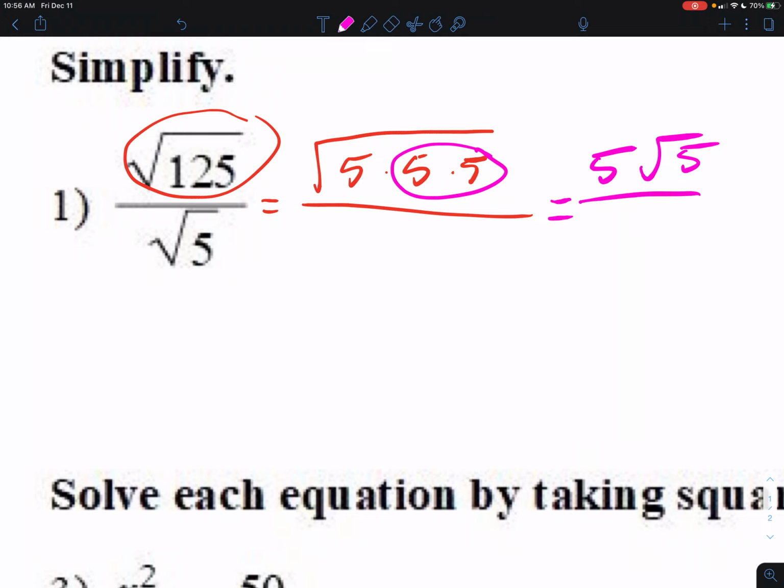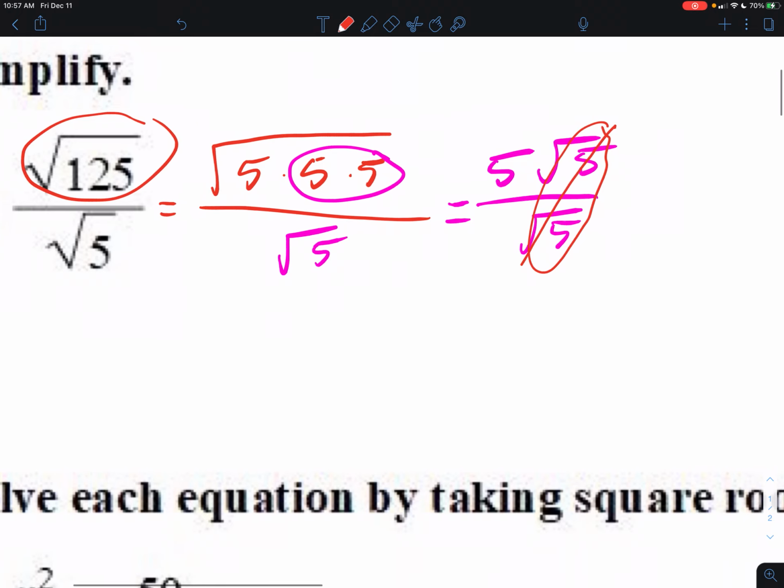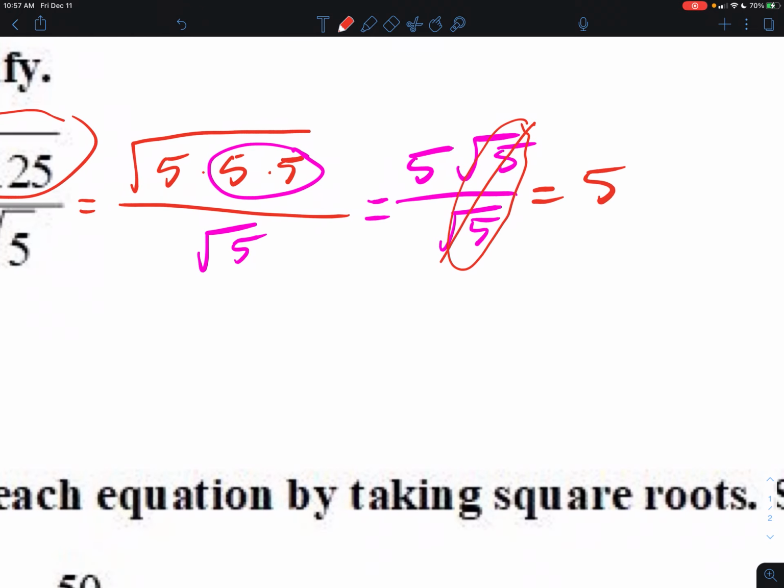Let me double check that. 125 divided by 5. Yeah. And then on bottom, I have the square root of 5. And you could try to rationalize it, or you could see that square root of 5 over square root of 5, these two, is the same thing. You divide something by itself, it cancels out. And so we just get 5 for this answer.